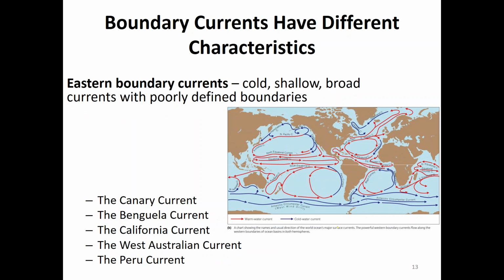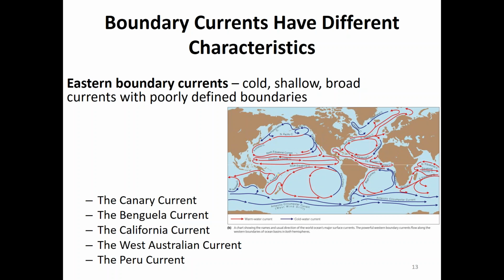On the other side of gyres, we have eastern boundary currents. We have western boundary currents on the western boundaries, and eastern boundary currents on the eastern sides. Eastern boundary currents are kind of the complete opposite of western boundary currents. Instead of being very well defined and narrow, these currents are very broad, very wide.